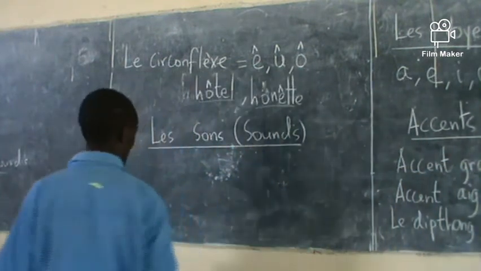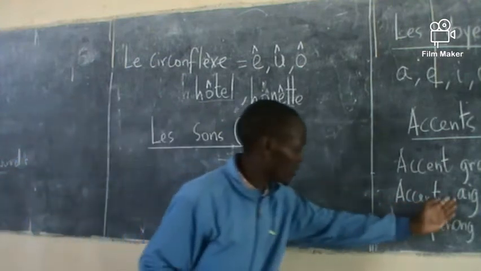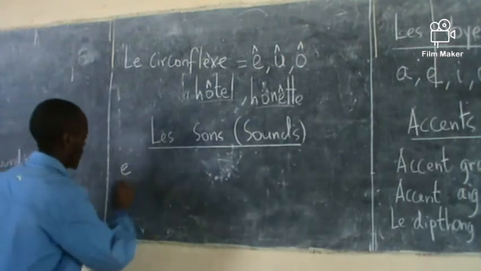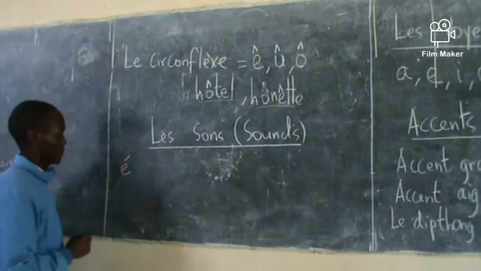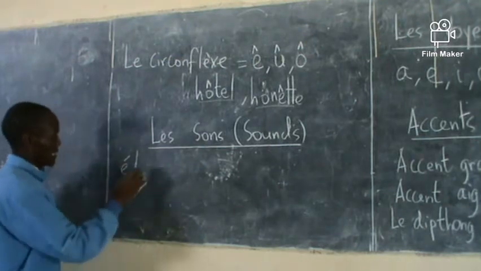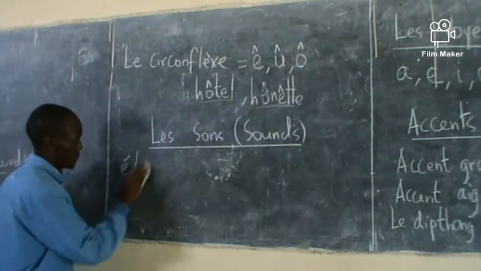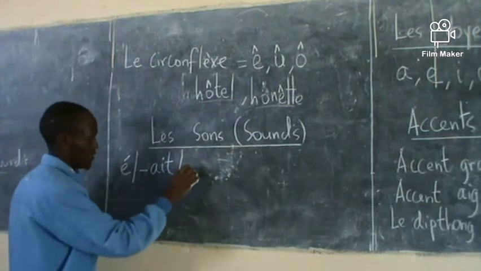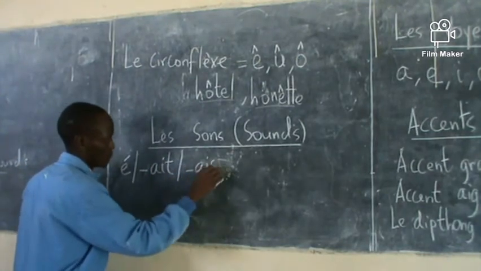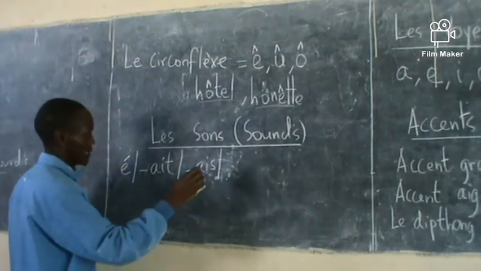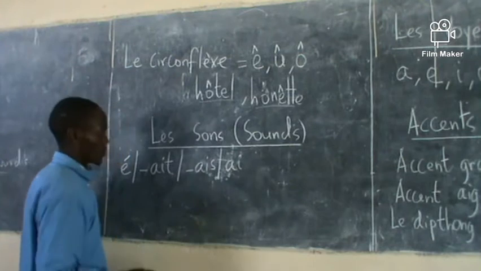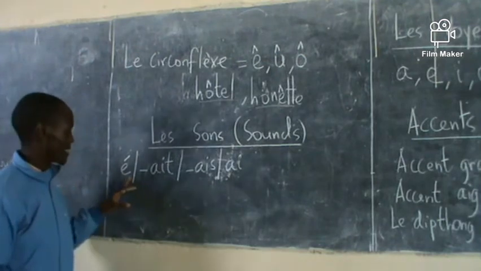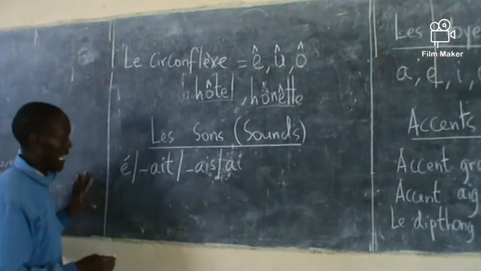For example, let's look at different forms in which accent aigu in E, which is A, occurs. Whenever you see accent aigu in E, or something in this form, or in this form, or in this form, that one is pronounced as A. For example, a word like électricité.